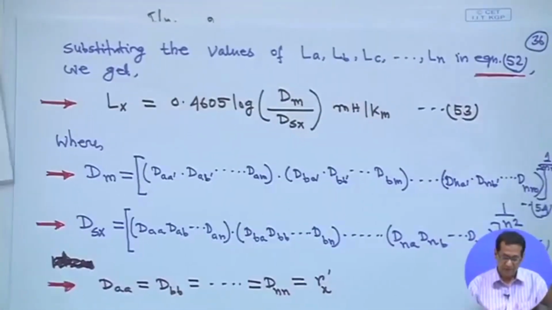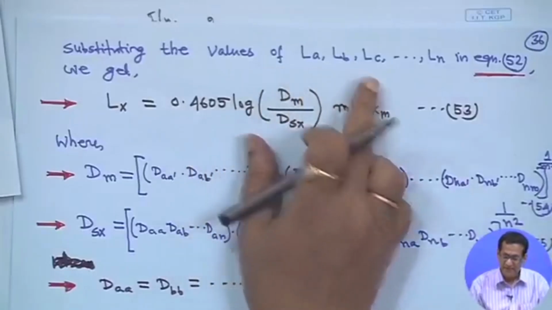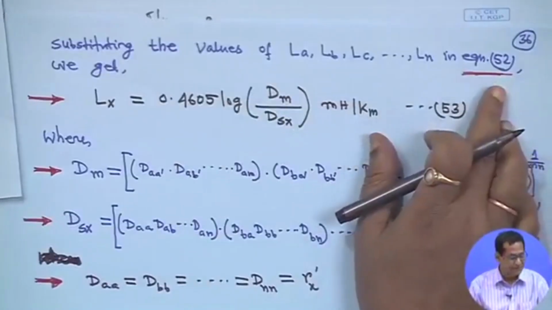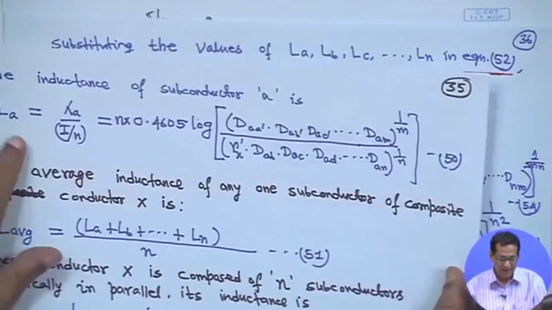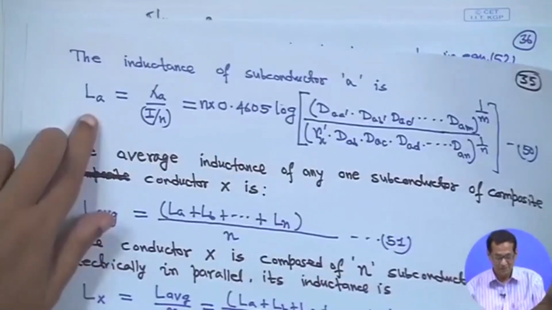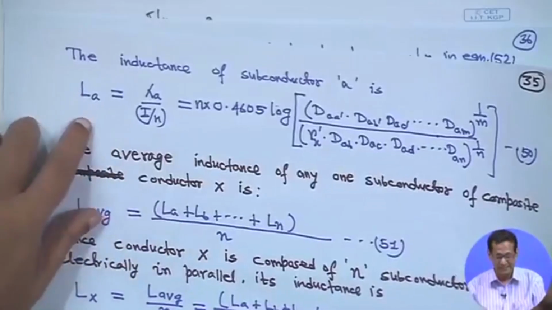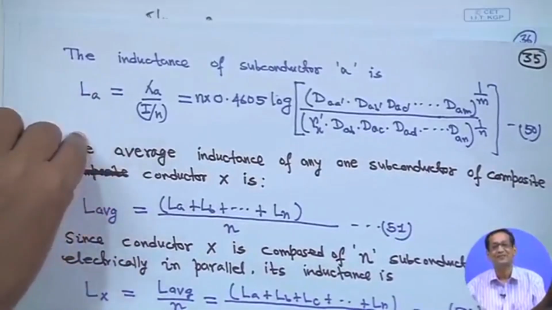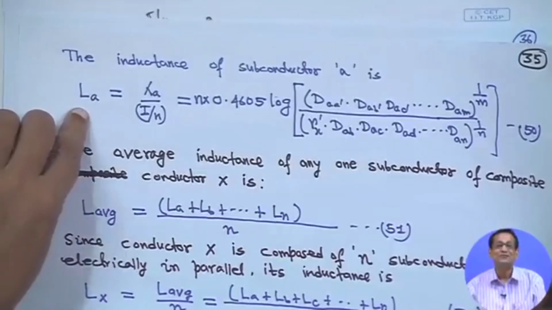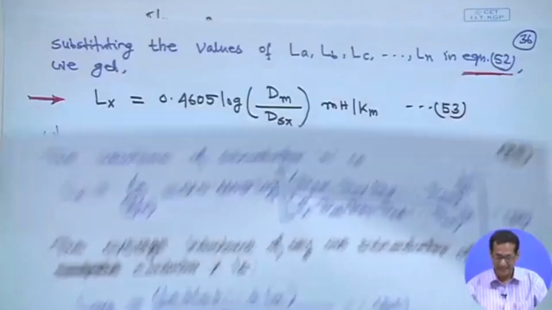Now substituting the values of L_a, L_b, L_c and L_n in equation 52. We have computed only L_a; you can compute L_b, L_c in the same way.